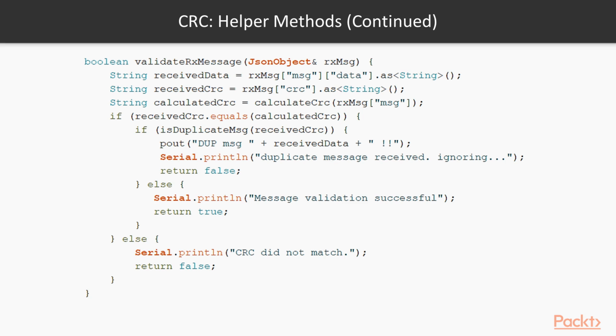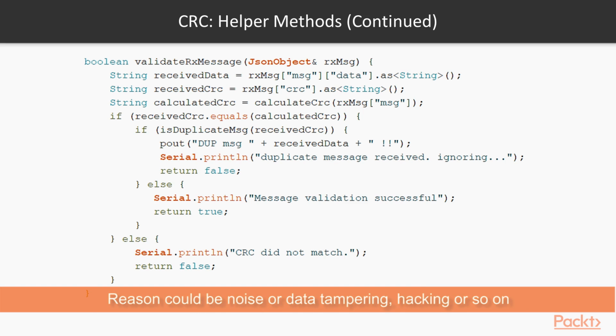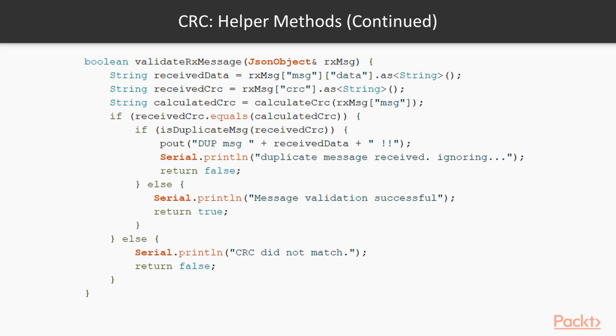If at this point the CRCs don't match, then that means that the message was altered in some way on the communication channel between the sender and the receiver. It can be due to noise or any other factors like data tampering, hacking, etc. So once the CRC is calculated, we then have to take the decision to discard the message if it is a duplicate, otherwise accept this message.